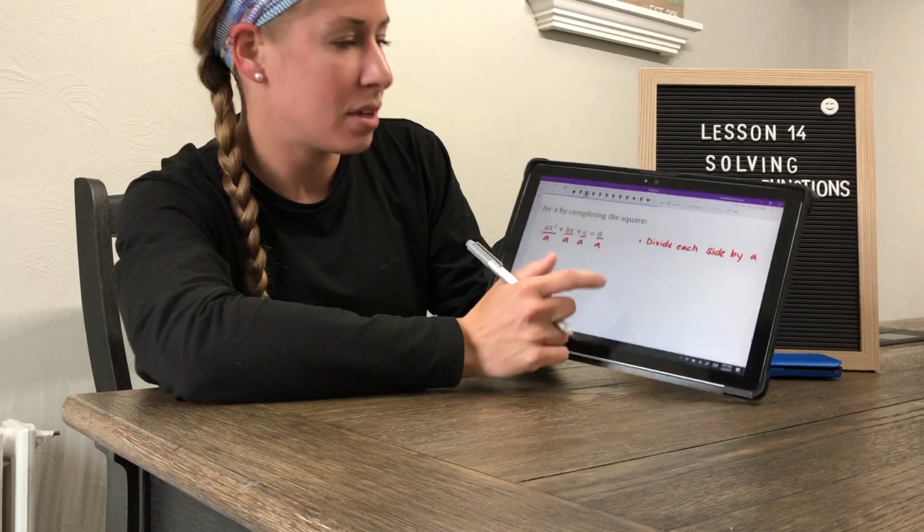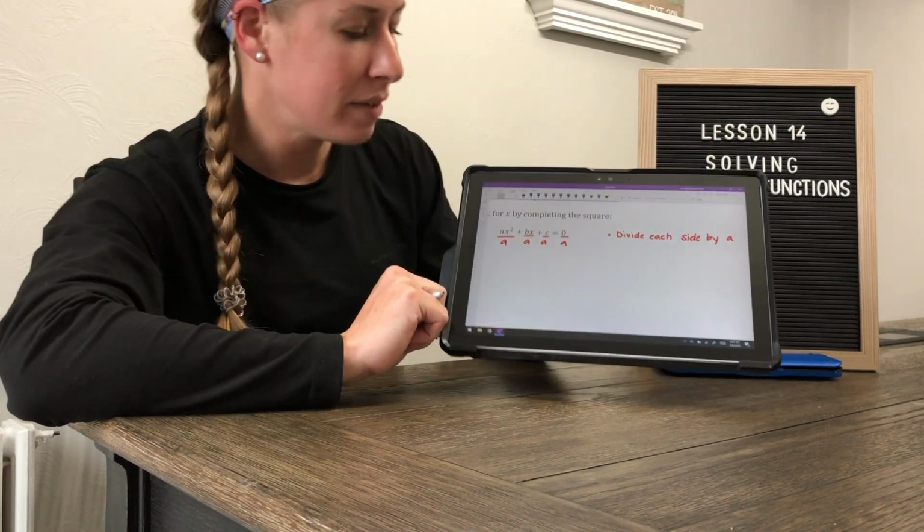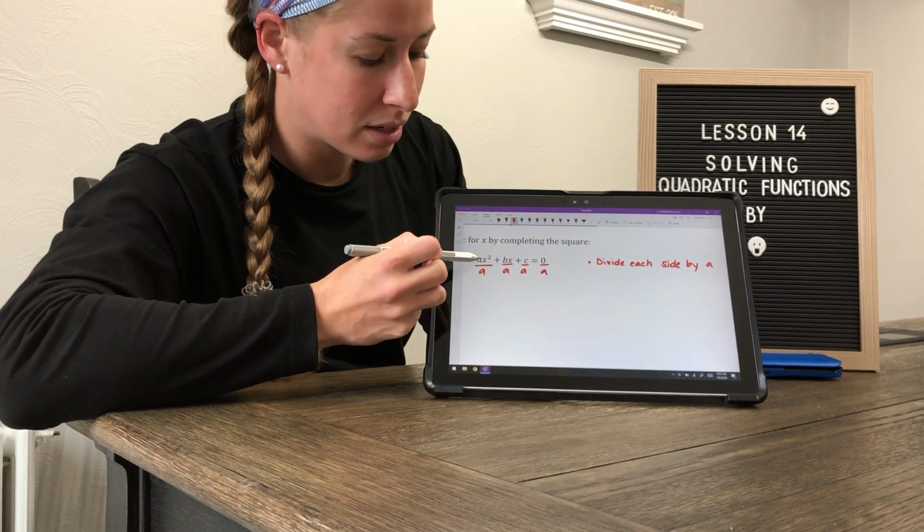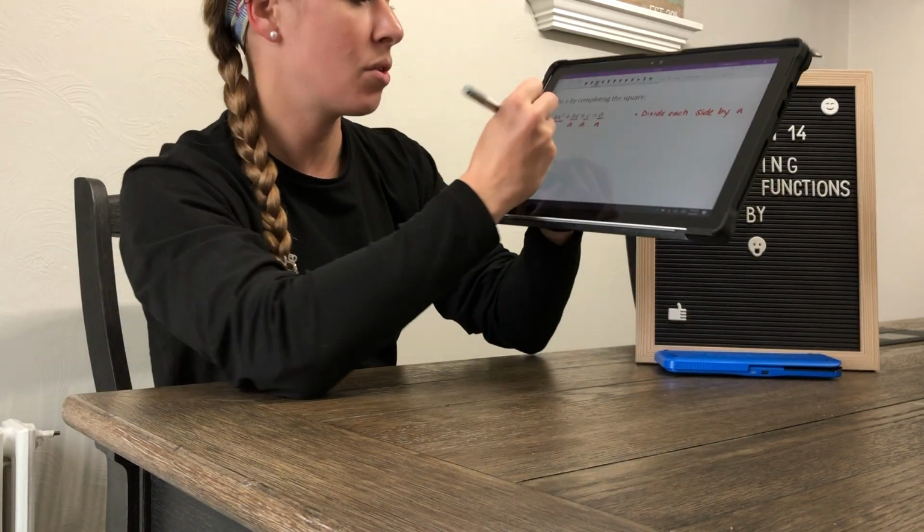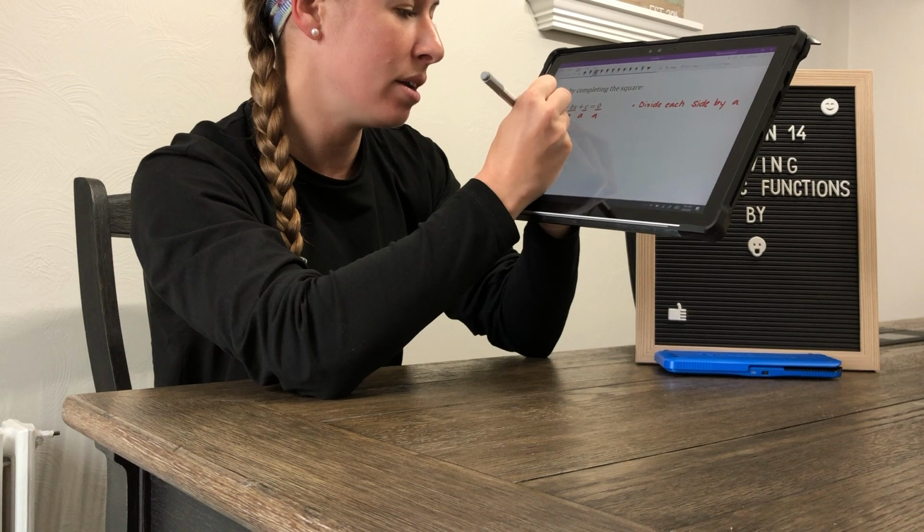So what that gives us on the left side, the 2 a's here cancel, so we're left with just x squared.